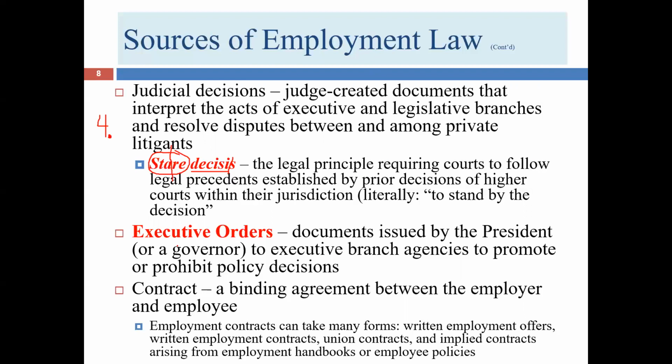Well, that means that I'm likely to follow the decision of other judges in my court in the Northern District of Texas. And I'm definitely going to follow decisions by the Fifth Court of Appeals, which is my higher court, because the Fifth Court of Appeals covers Texas, Louisiana, Mississippi. And I'm definitely going to follow the decisions of the U.S. Supreme Court, which is the court higher than the Fifth Circuit.